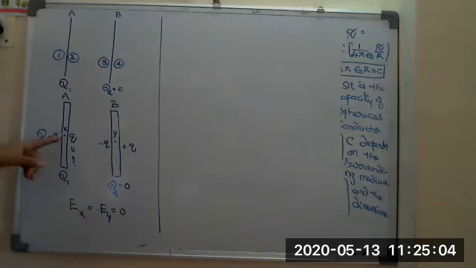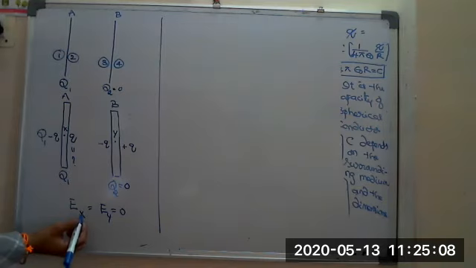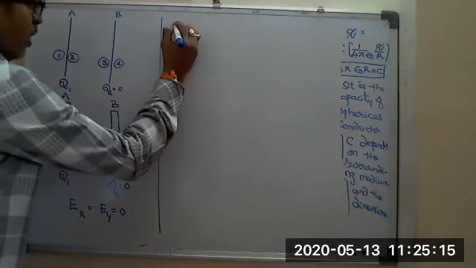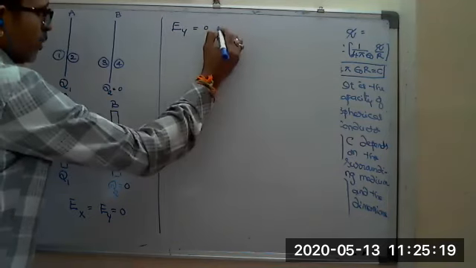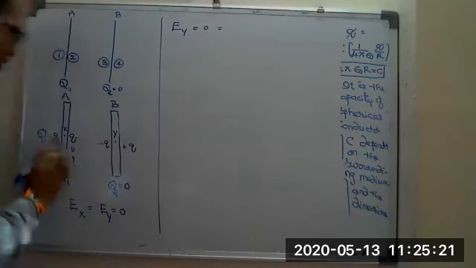So here I am going to use that concept, either at X or Y. Suppose I am going to find out the field intensity at Y, which equals 0, by the 4 charges.